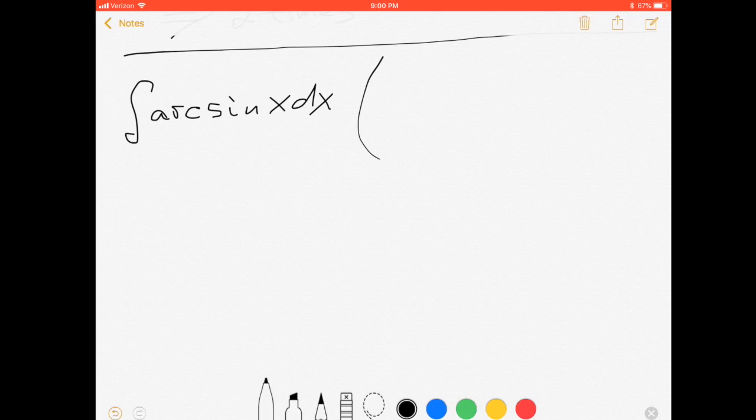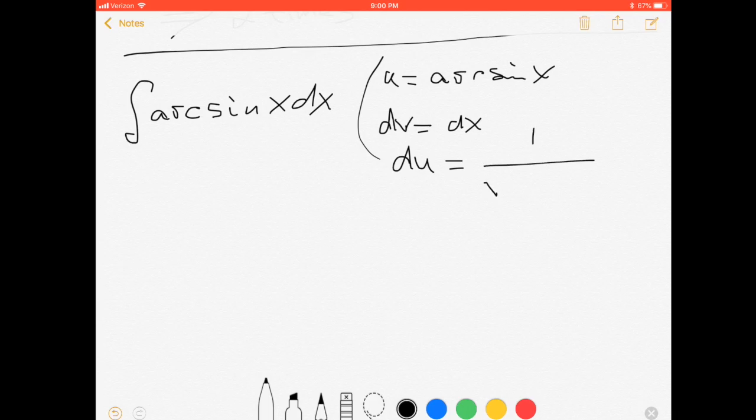I think we don't have any problem deciding what will be u. u is the only possible function, arc sine x. dv will be dx. du will be 1 over square root of 1 minus x squared dx, and v will be x.